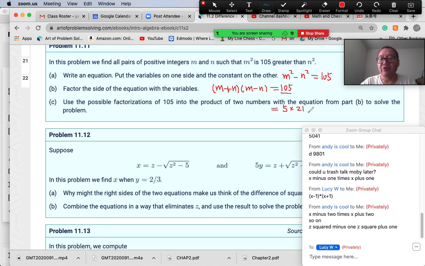You can also write it as 3 times 35. Let's factor 105 to get all of the combinations.